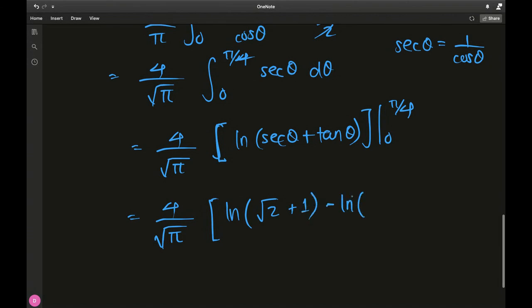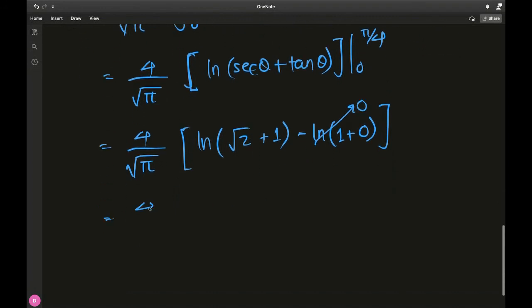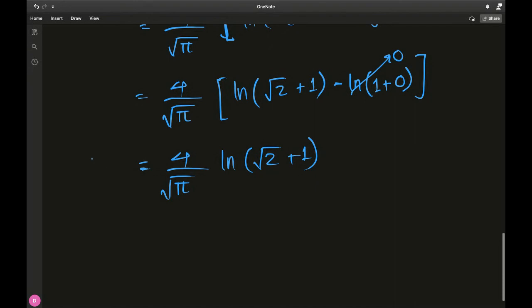Minus natural log of, secant of 0 is 1 because of the cosine, and tangent of 0 is 0. So this is natural log of 1, which will go to 0. So our final answer is 4 over square root of pi times natural log of square root of 2 plus 1. Okay, that is supposed to be our I1.